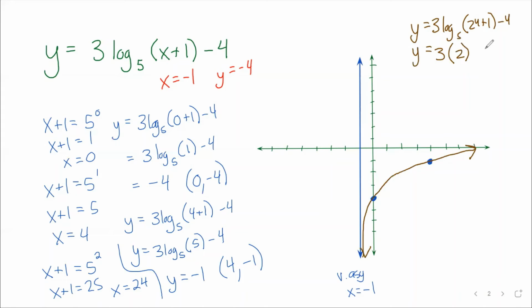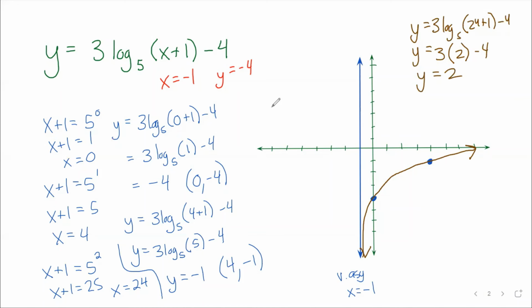We did it that way on purpose. 3 times 2 is 6. 6 minus 4 is 2. So, way over here, but we can see that it's going in the right general direction, that when we get way over here, it's just going to be a little bit higher than it is now. So even if we can't fit it on the graph, that'll still give us confidence that it's in generally the right place. So those are the basics of graphing logarithmic functions.